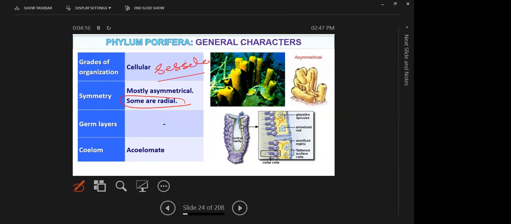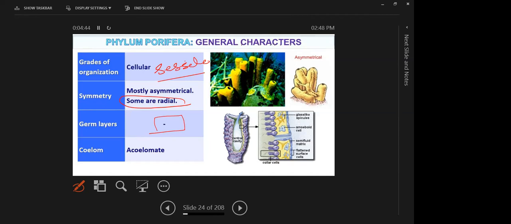They get attached to the substratum. Though they are animals, they get attached to the substratum as there is no locomotion. Germ layers are totally not there. Very, very primitive. Soon after protozoa, it's Porifera only. Protozoans are unicellular, poriferans are multicellular.